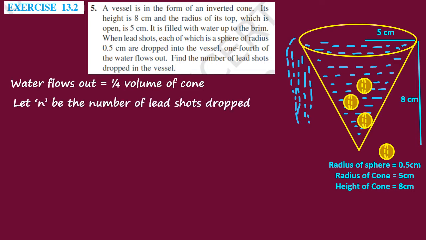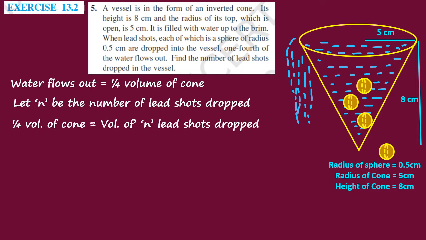Okay, let n be the number of lead shot dropped. So 1/4 volume of cone is equal to volume of n number of lead shots dropped into the cone. Is it?